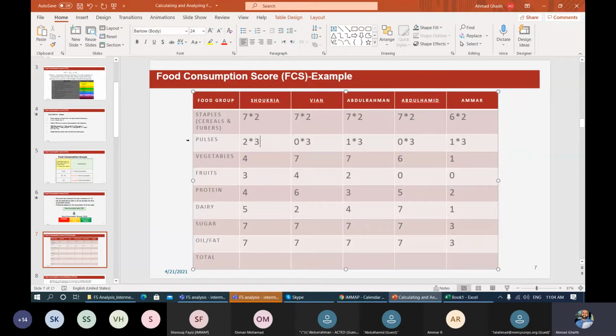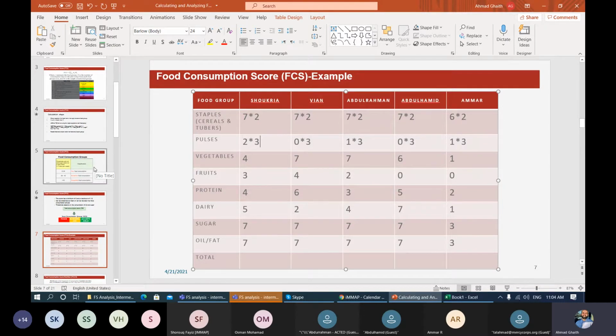So in terms of where, say, Shukriya's food consumption score is against the mark, she's now having 14 from staples and 6 from pulses. Pulses and staples are widely consumed foods. With 2 days of consumption, we now have 6 plus 14, which is 20.